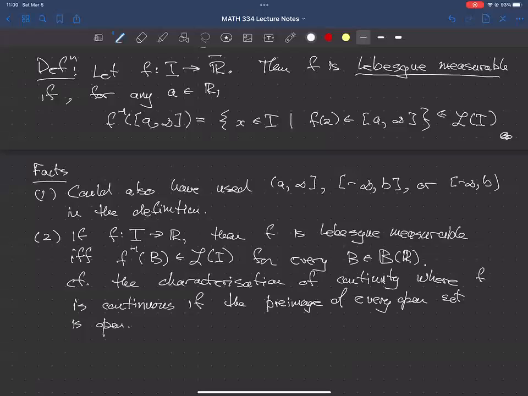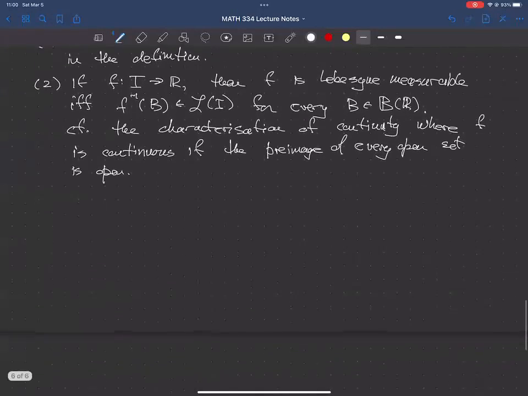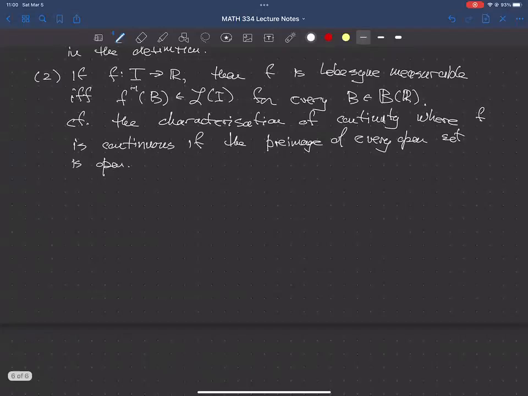When we build the Lebesgue integral, we also use approximations of our functions, but not by step functions: by functions which we'll call simple functions. These are the analog for the Lebesgue integral of step functions for the Riemann integral.